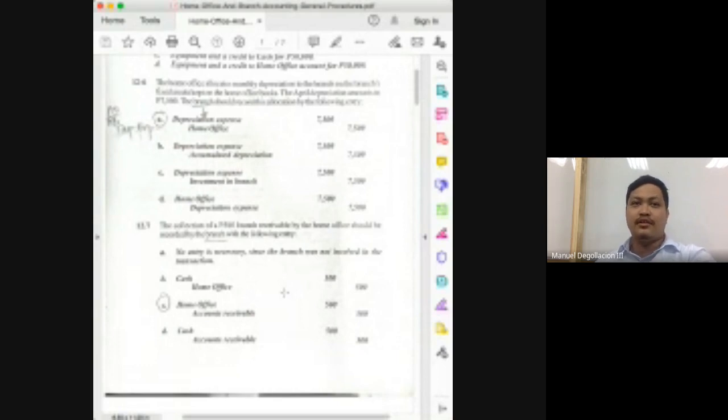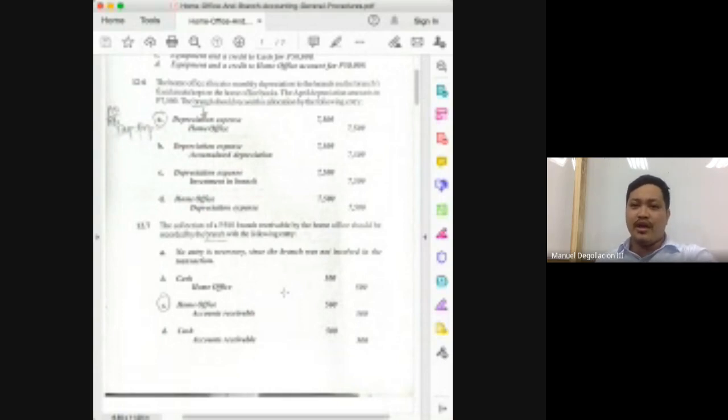So this time we are at 6. Okay. The home office allocates monthly depreciation to the branch and the branch's fixed assets are kept on the home office books. Okay, the April depreciation amounts to 7,500. The branch should record this allocation by the following entry. Okay. Now, this is again really more of a stretch of our definition, class.